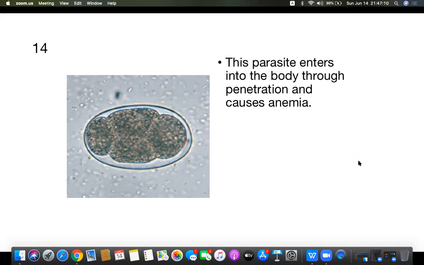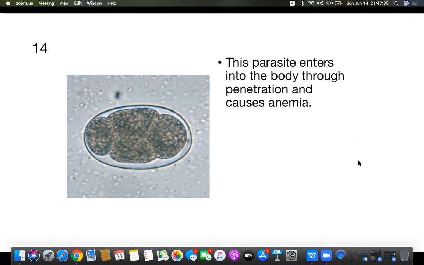Okay, anybody? Sir, Ancylostoma duodenale. Okay, Ancylostoma duodenale. Why did you say that? Because it penetrates the body and gains weight and increases in size there in the intestine.